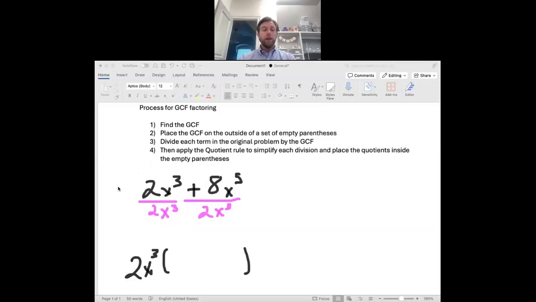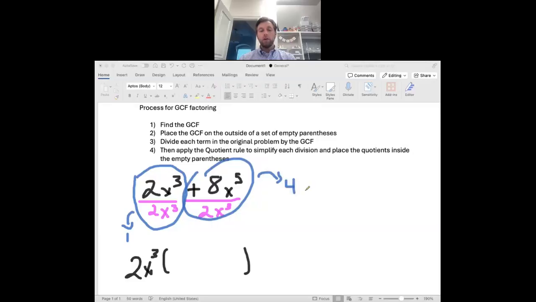So when we do that, this one here reduced down to 1. And then this one here, how did we do that? Well, 8 over 2 is 4. Quotient rule, x to the 5 minus 3. And so that gave us positive 4x squared. Where did the positive come from?